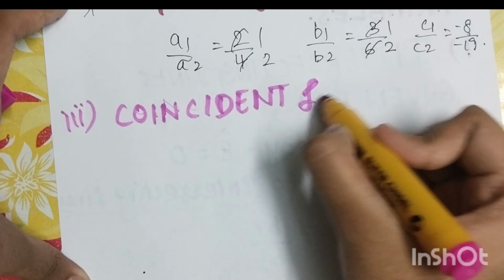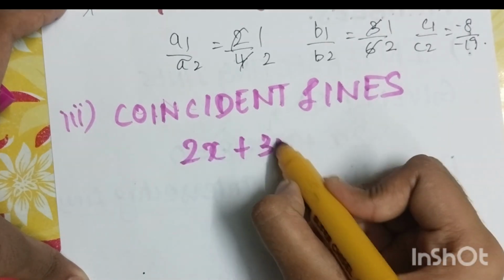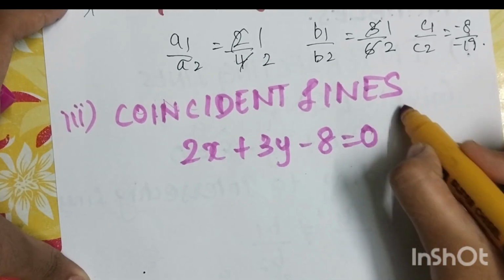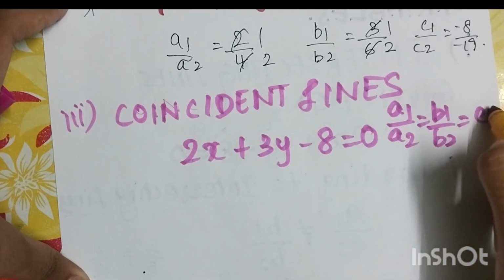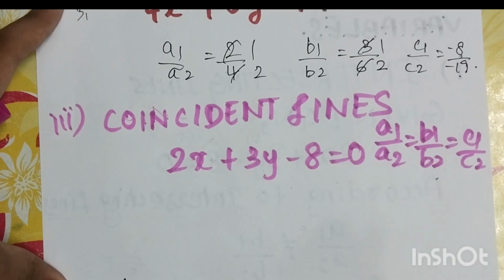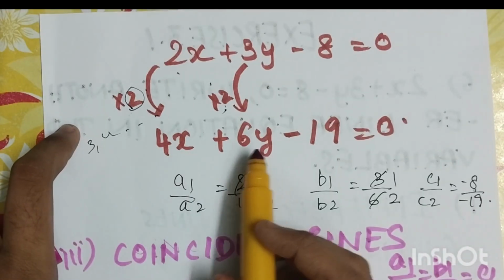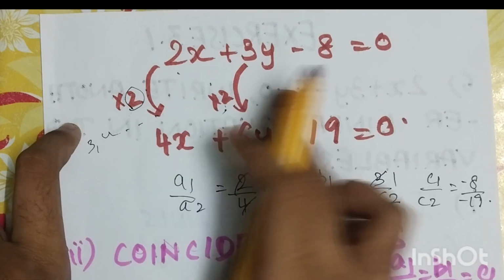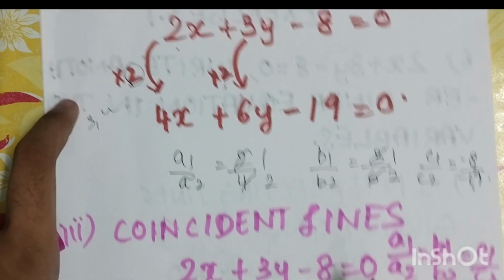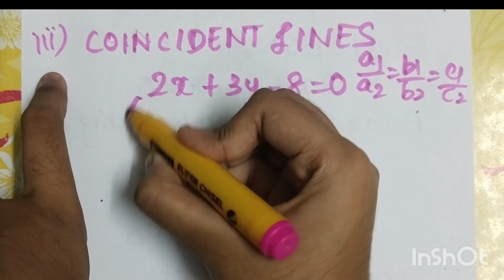Coincident lines. So 2x plus 3y minus 8 is equal to 0, and my condition is a1 by a2 is equal to b1 by b2 is equal to c1 by c2. So this is my condition where all the three ratios are equal. Here only two ratios were equal, so I multiplied only the same number for x and y. Here all my three ratios are equal, so I am going to multiply the same number for all the three.